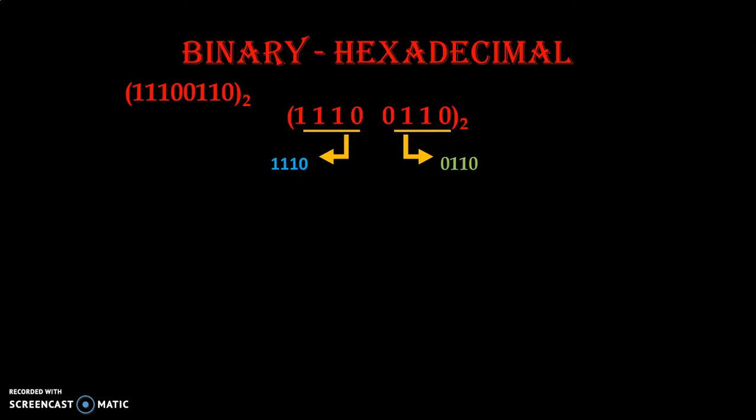Now the next stage is very simple. We have to convert this binary number into the equivalent hexadecimal number. If we do not know the equivalent hexadecimal number, it is simple to first convert to decimal, because for 0 to 9 decimal and hexadecimal are equal, and for 10, 11, 12, 13, 14, 15 we know how to convert decimal into hexadecimal.